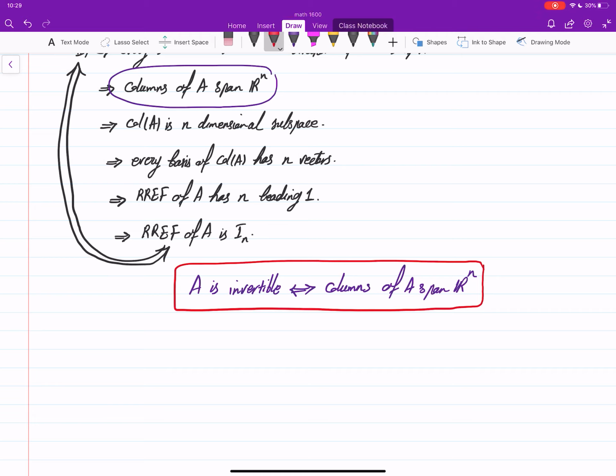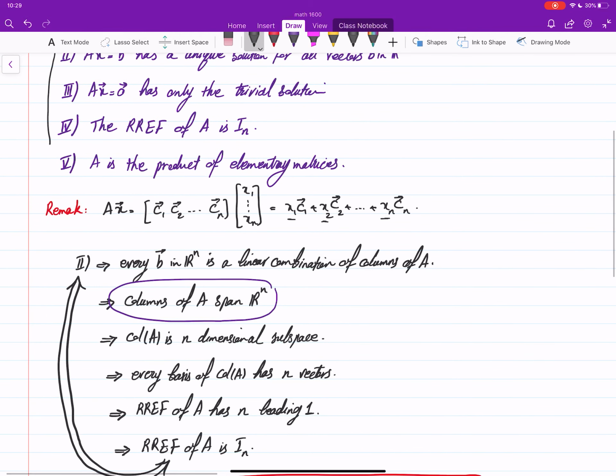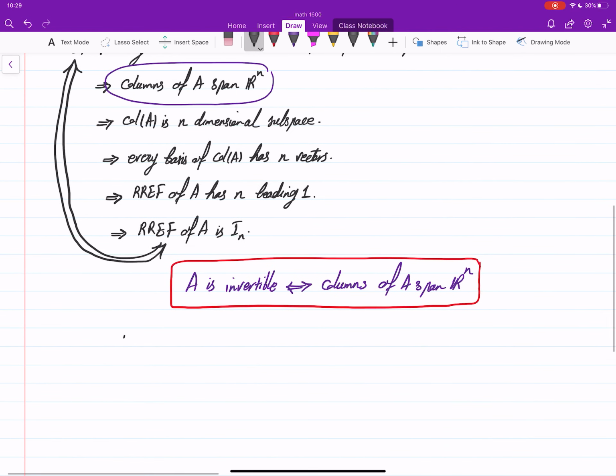Well, another version that will be useful is where we start with the third condition. Look at this: Ax = 0 has only the trivial solution. But Ax is a linear combination of columns. What does it say?